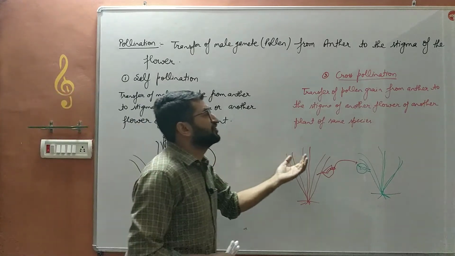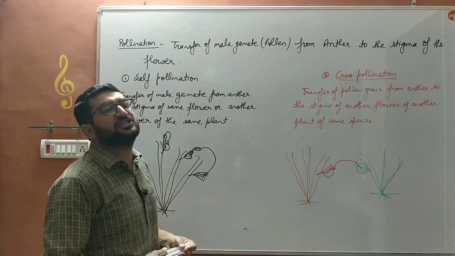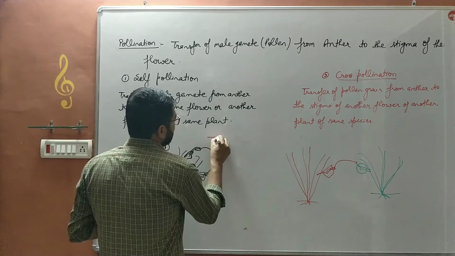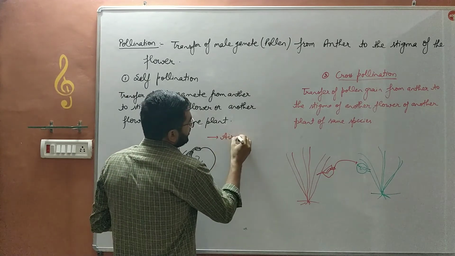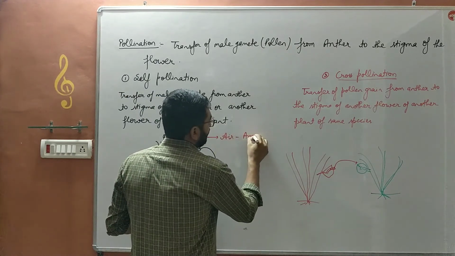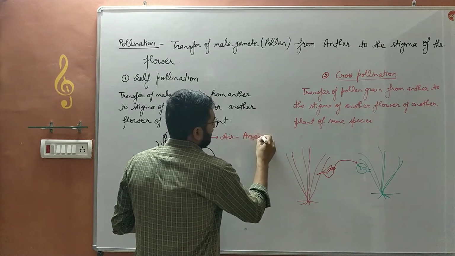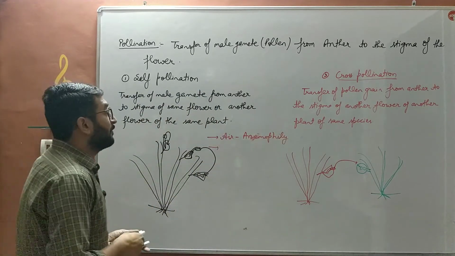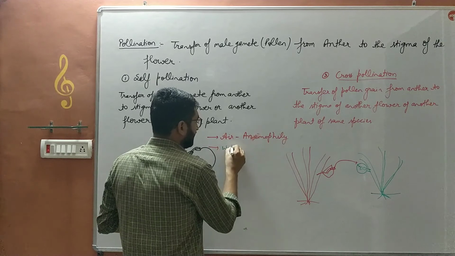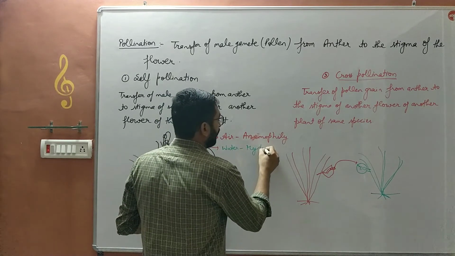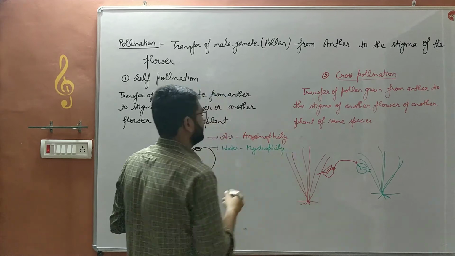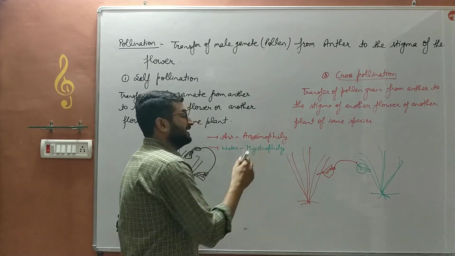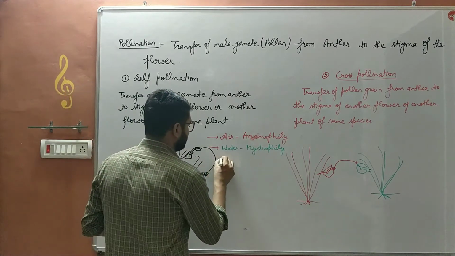In cross-pollination, we require certain biotic agents, certain living organisms. For cross-pollination, we require various agents, like the pollination by air is known as anemophily. The pollination by water is known as hydrophily. If the transfer of pollen grain is done with the help of water, that is known as hydrophily.